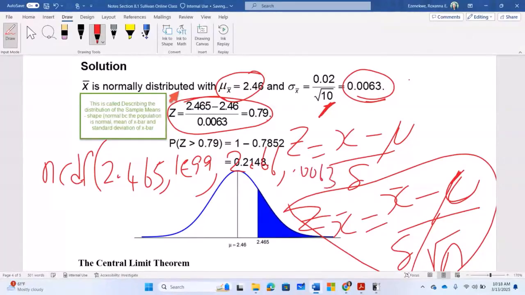And then we can get a calculator and calculate. So let's calculate.